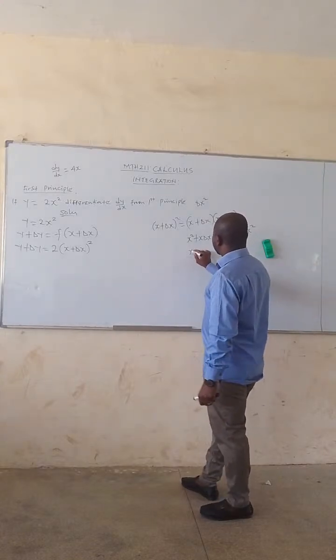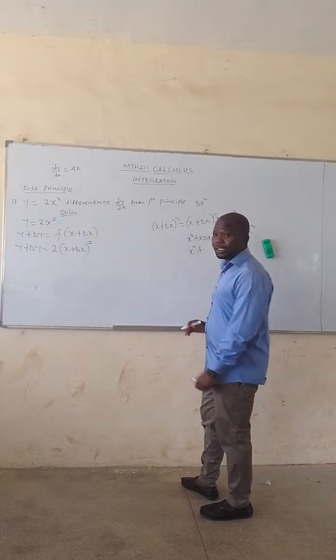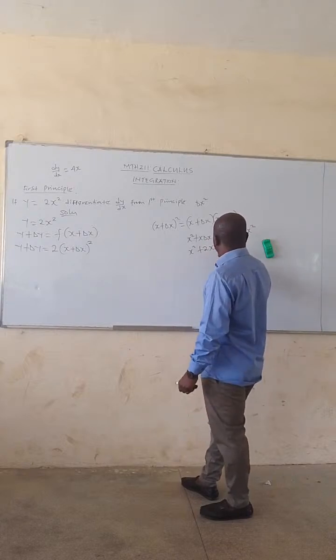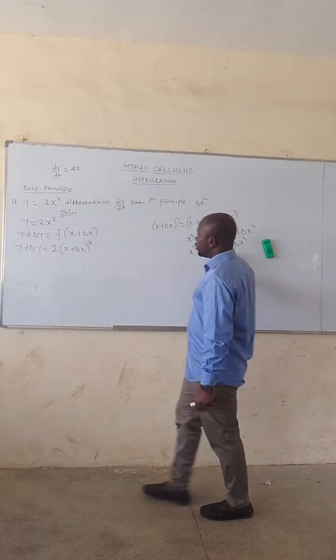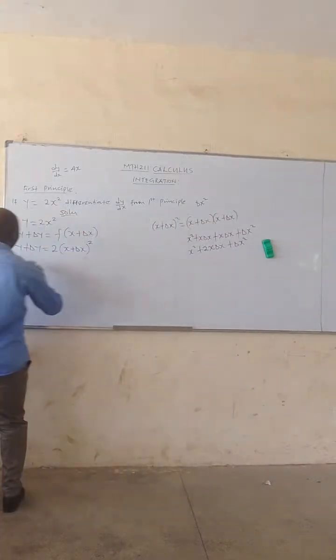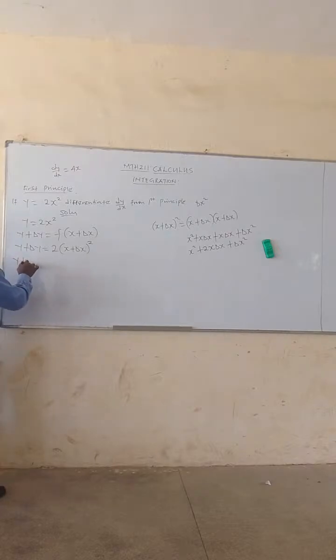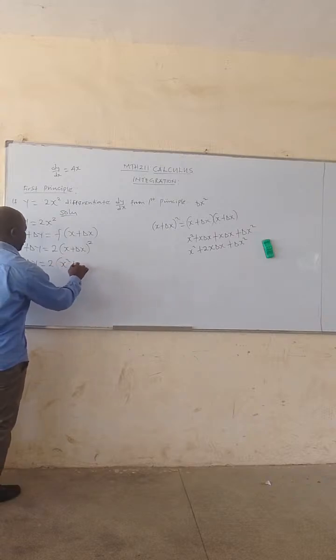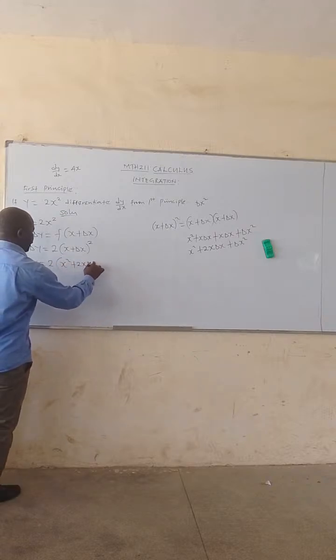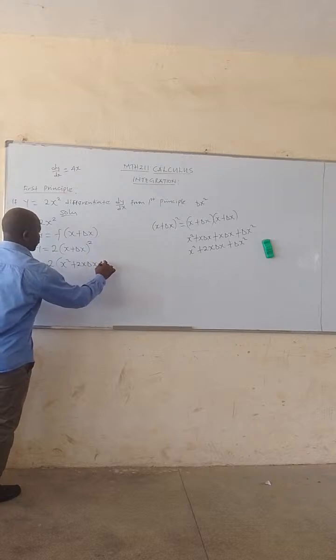So you can now see that x squared plus we have this to give us 2x dx plus dx squared. So instead of this, we are going to write y plus dy is equal to 2 times this, which gives us x squared plus 2x dx plus dx squared.